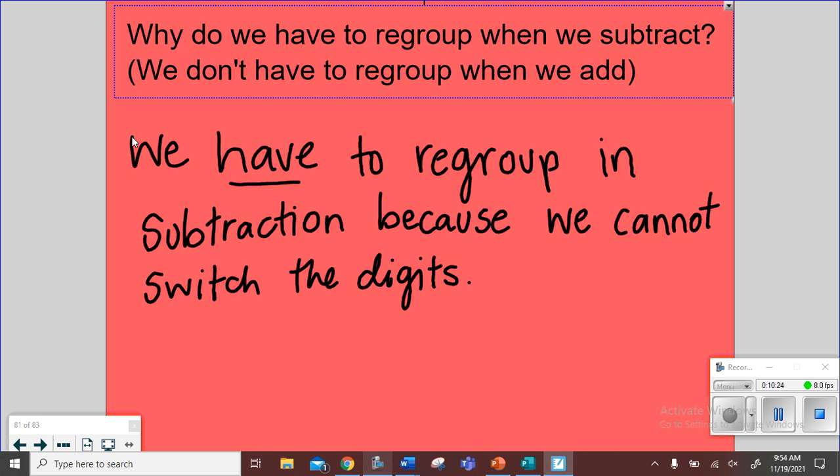If we did, we wouldn't have to regroup. In that last problem, if I could have just switched the 6 and the 2, I wouldn't have to regroup at all.